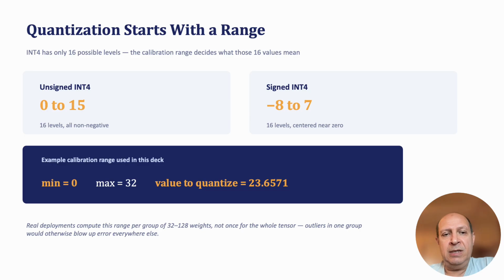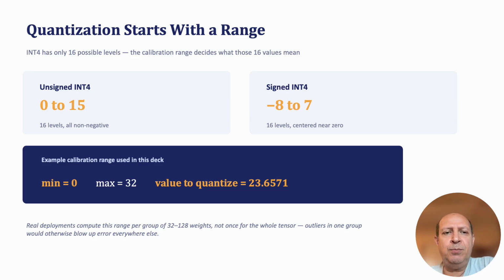Depending on whether we are using unsigned int4 or signed int4, the 16 levels can be all positive, for example from 0 to 15, or some of them are negative, from -8 to 0, and the others are 0 to 7 positive. In either case, the calibration range decides what the 16 possible values of int4 mean.